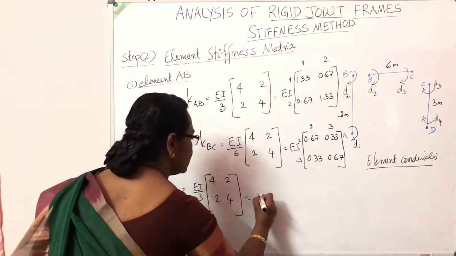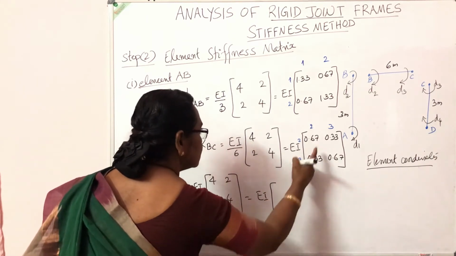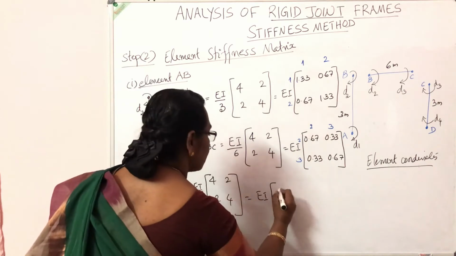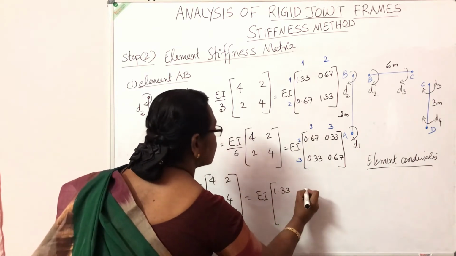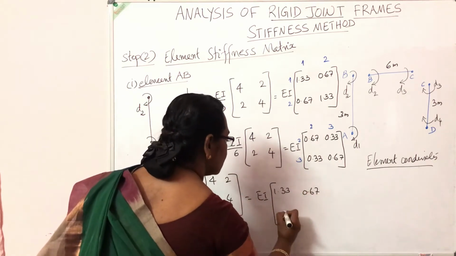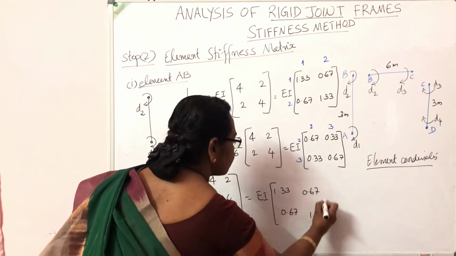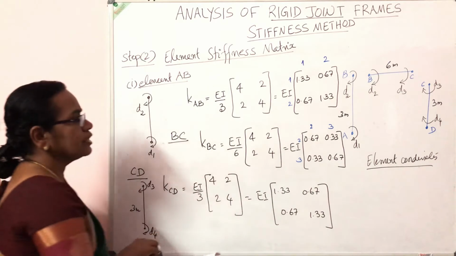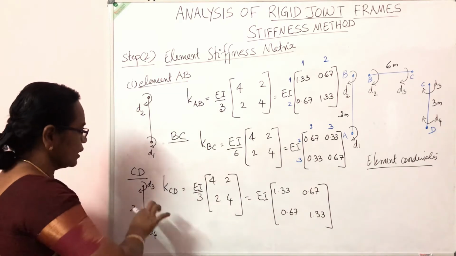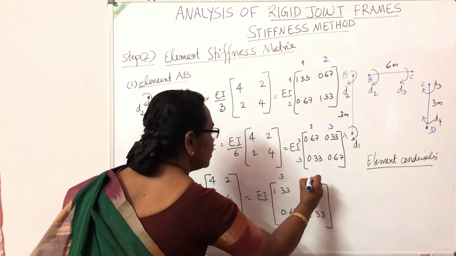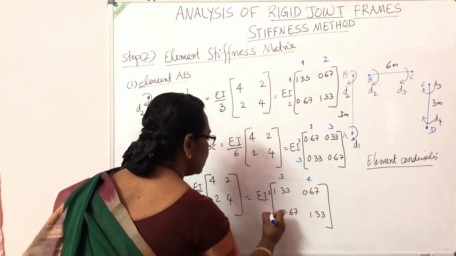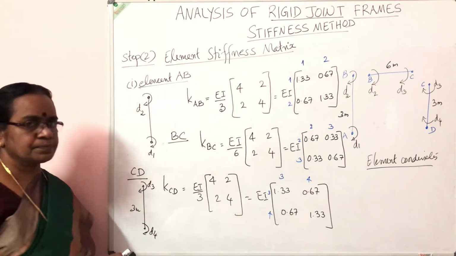So that is equal to EI into, similar to this, 1.33, 0.67, 0.67, 1.33. And write down the coordinate numbers, that is 3 and 4. So write 3, 4, 3, 4.